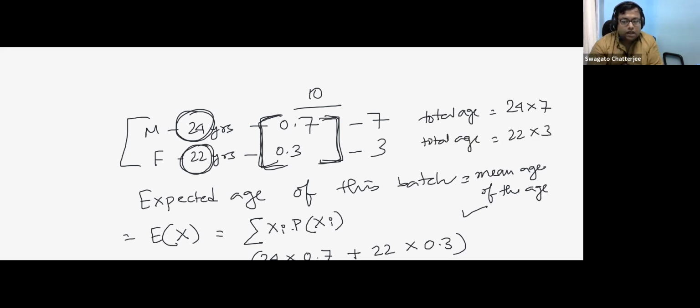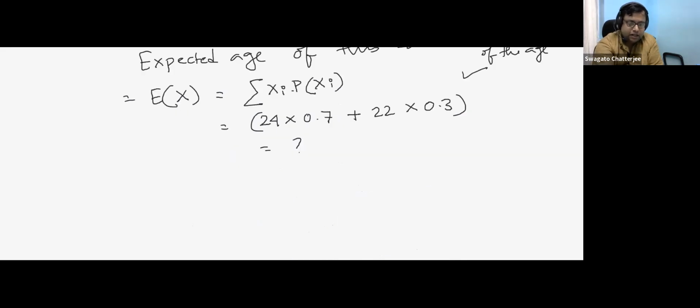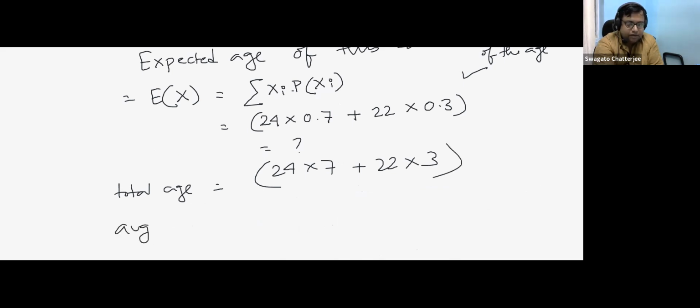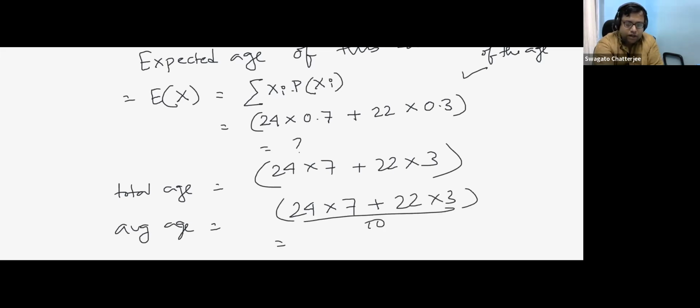So the total age of the batch is 24 into 7 plus 22 into 3. Then the average age is this divided by 10, which is the same calculation that I did at the top: 24 into 0.7 plus 22 into 0.3. So the expected value and the mean value are the same thing.